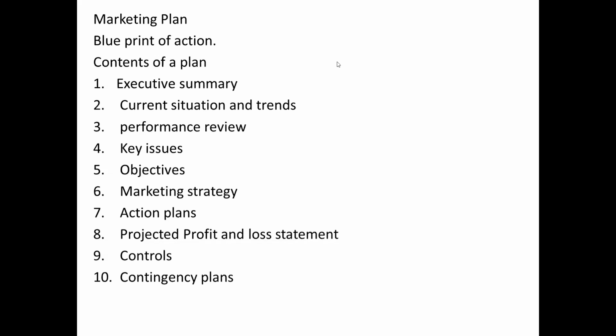This marketing strategy presents the broad marketing approach that will be used to achieve the plans or objectives. Now, if a company thinks of aggressive promotion strategy to penetrate into the market, if they want to enter into a market where they come up with the strategy of decreasing the price and expanding the market share.